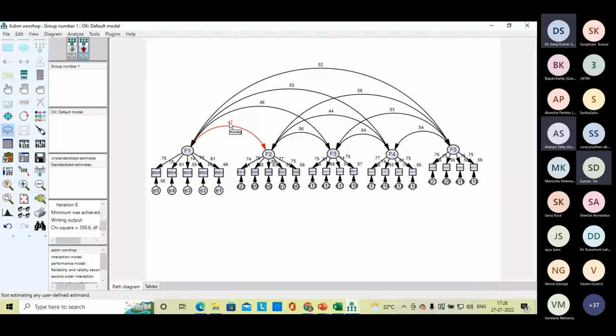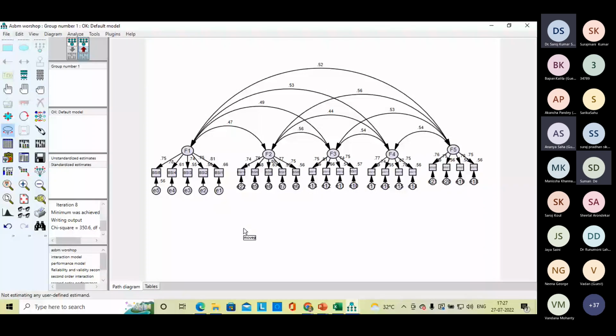So both the MSV and ASV must be less than AVE. Maximum shared variance and average shared variance must be lesser than average variance extracted, that is AVE, in order to prove discriminant validity. Clear? Got it, sir. That means BSI 1 to BSI 5 are significantly discriminating, separating F1 from F2, from F3, from F4, from F5.